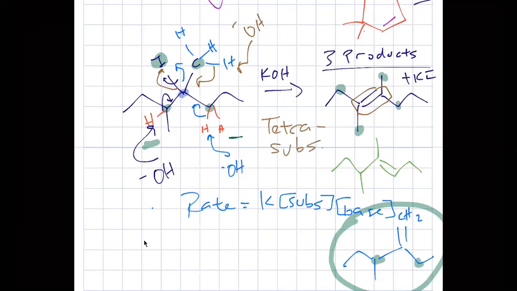If you look at the one underneath it, it's trisubstituted: 1, 2, 3 things attached to it. And then this one is disubstituted. So the more substituted double bond is going to be the major product according to Zaitsev's rule. All right, we're okay with that. Any questions about the E2?